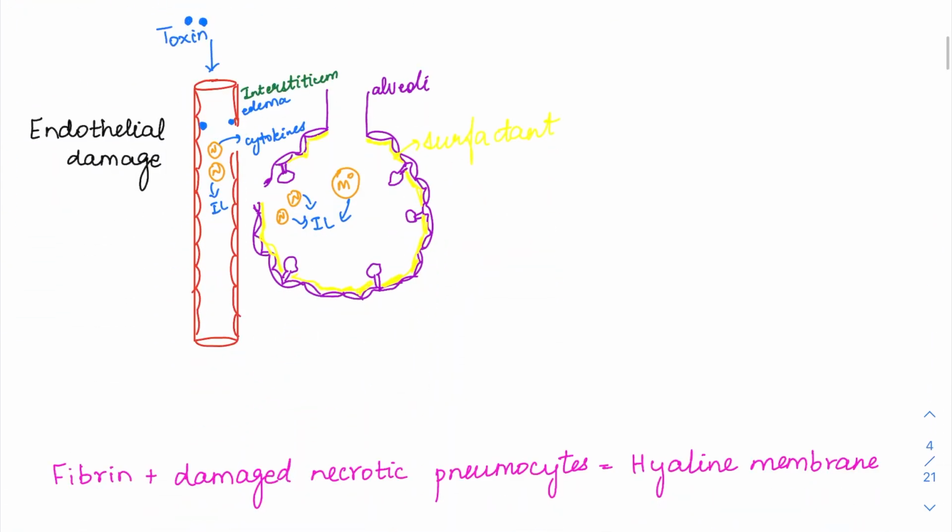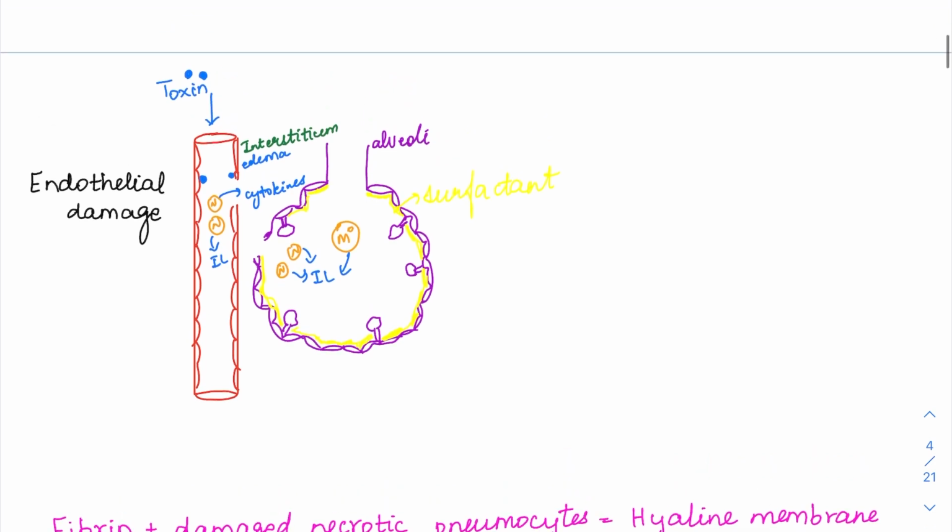So what is the pathogenesis involved in ARDS is that when this toxin is entering through the blood, this toxin is going to damage the endothelium. So when the endothelium is being damaged by these toxins, it will cause the coagulation cascade to start. So when the coagulation cascade is initiated, it will result in the formation of fibrin, right?